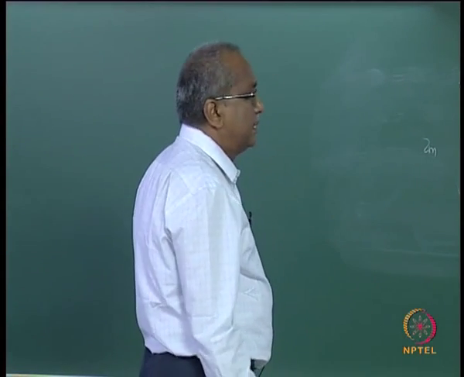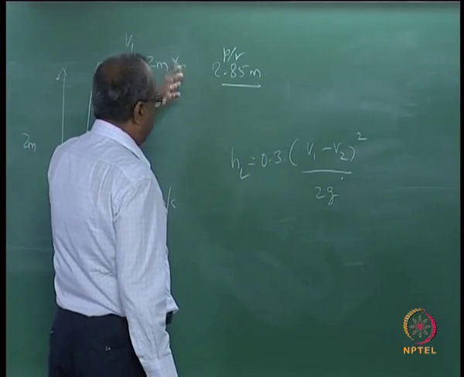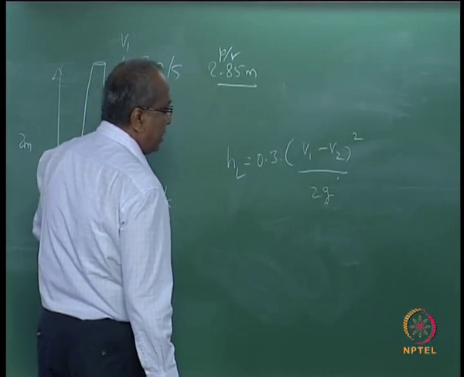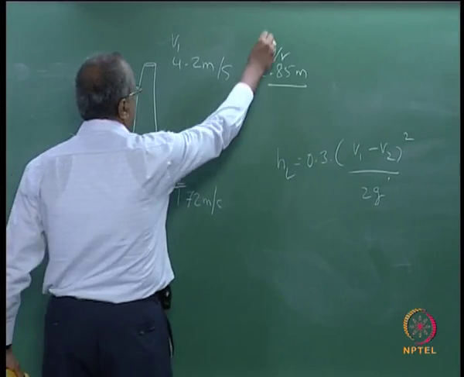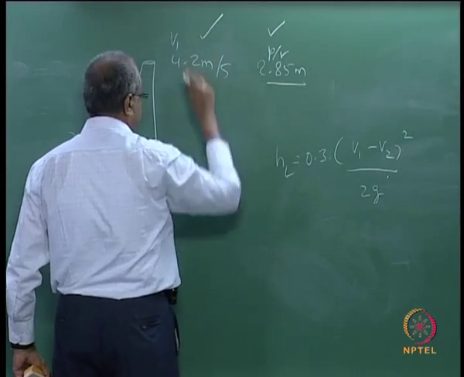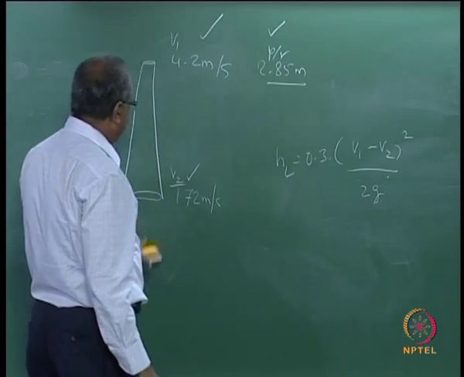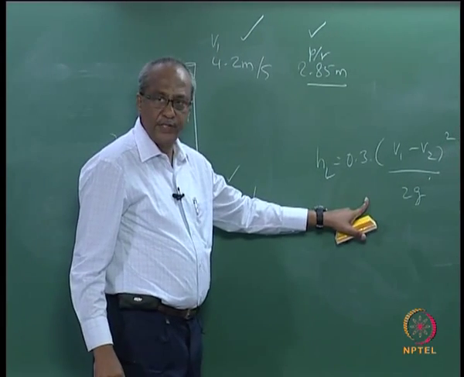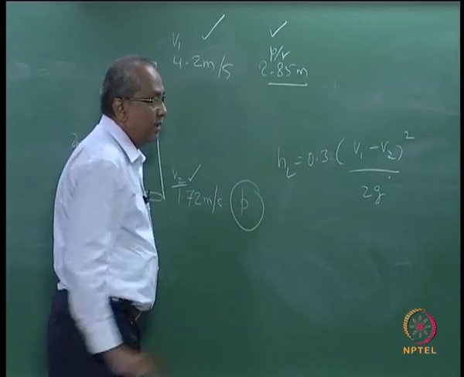Is that clear? So what is the pressure head at the lower end? We have all the details. The pressure head here is given, velocity head at this end is given, but you are also given the head loss due to friction. So what is the pressure head at this end?